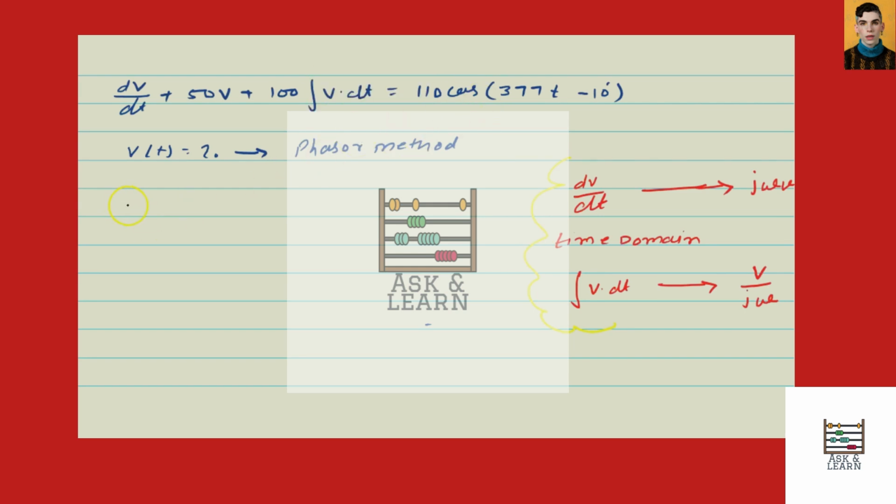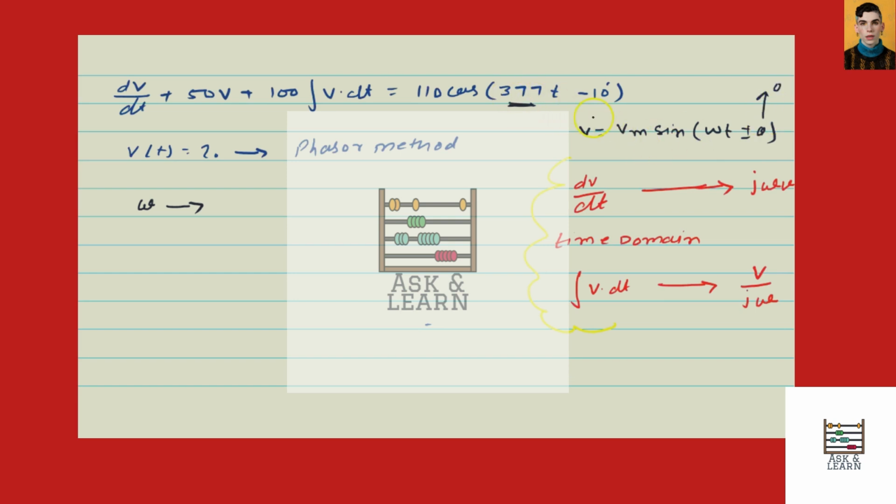One more thing: here we need the value of omega. In this problem, the omega value is 377. How? The equation of voltage and current is written as V = Vm sin(ωt ± θ). Sometimes this angle will be 0.